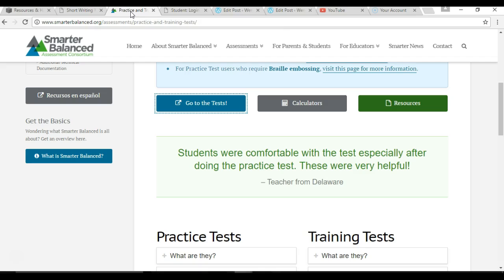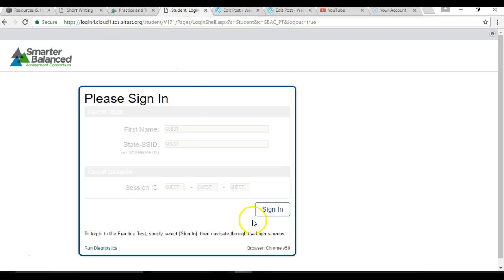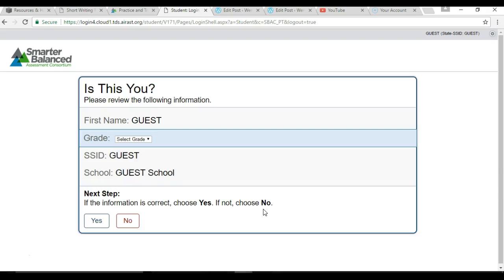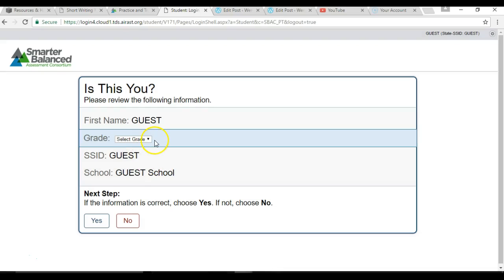So if you remember, the performance task was a 3rd grade performance task. And hopefully I have not been logged out of it, but I have. Anyway, so we're at Smarter Balanced practice tests, and we're doing 3rd grade.